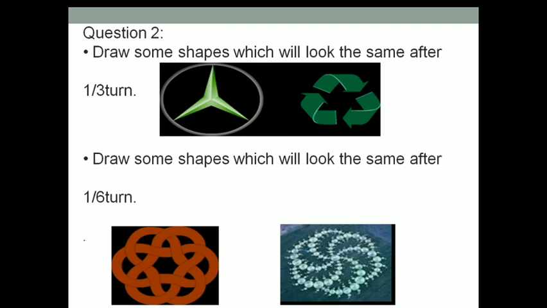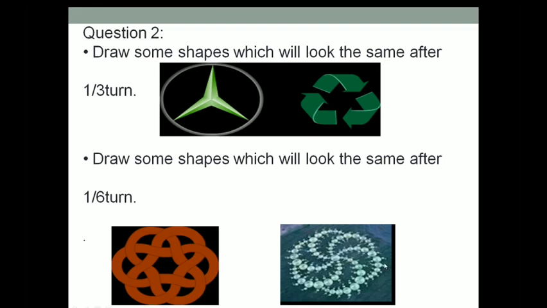And now question number 2 is, draw some shapes which will look the same after 1/3 turn. Here I drew some shapes that you have to check yourself whether they look the same on 1/3 turn or not. And these shapes are 1/6 turn, and out of these we have checked that it looks the same on 1/6 turn. Now you have to check whether it looks the same or not.